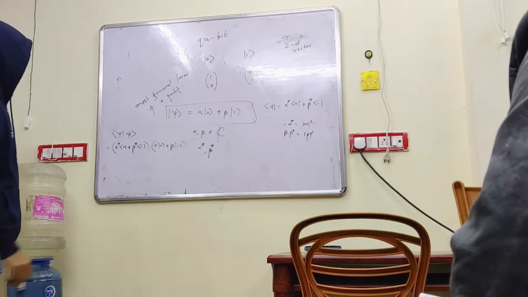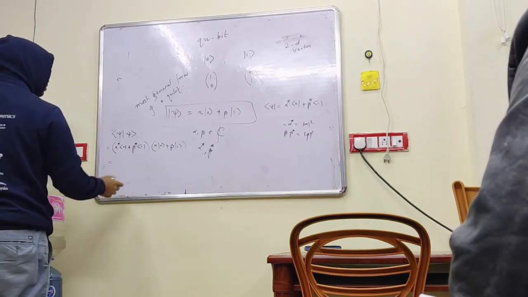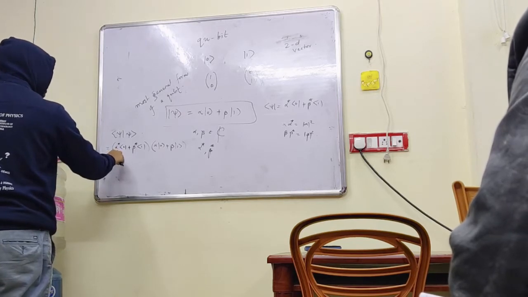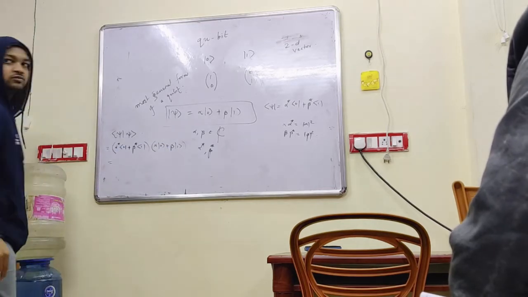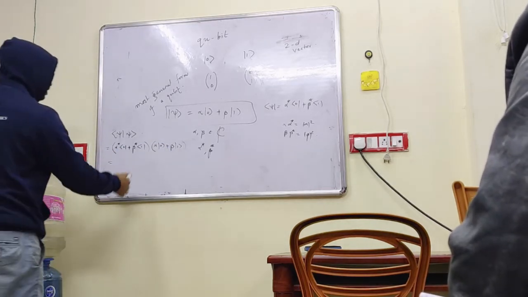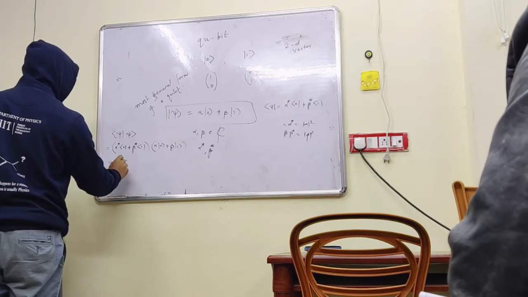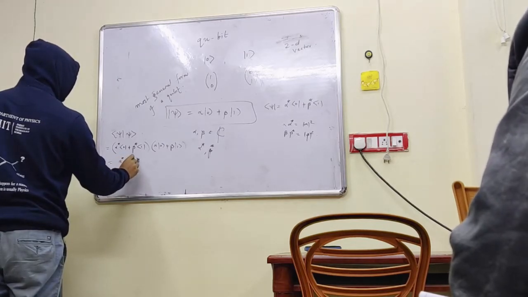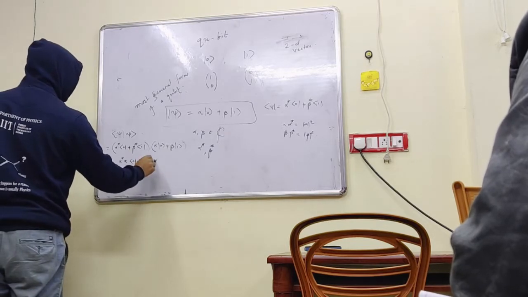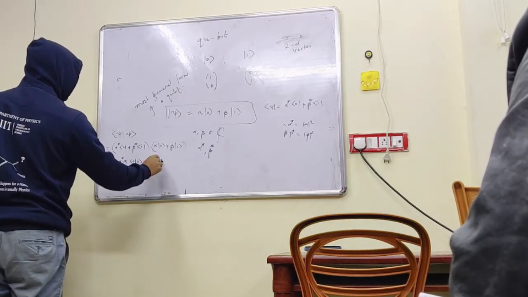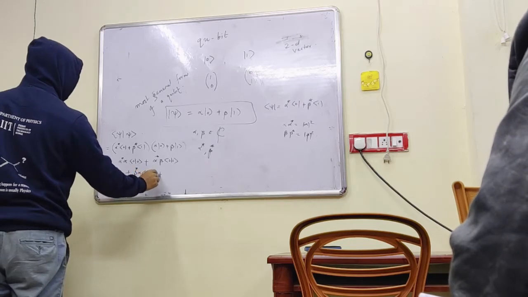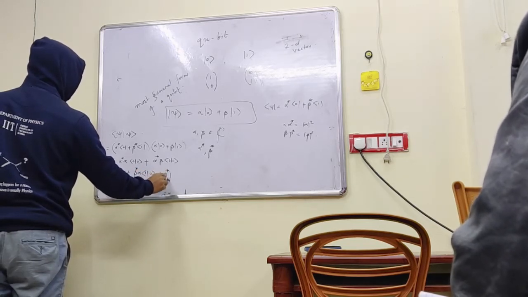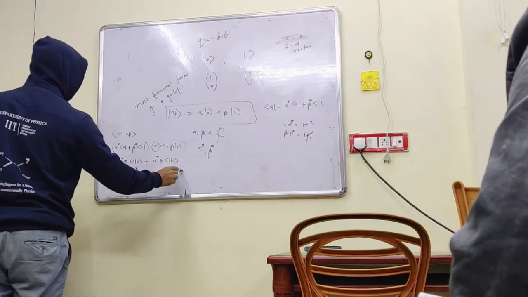Next step, how would this look? This with this, this with this, this with this, this with this. So I'll get 4 terms here: alpha star alpha 0 0 plus alpha star beta 0 1 plus beta star alpha 1 0 plus beta star beta 1 1.